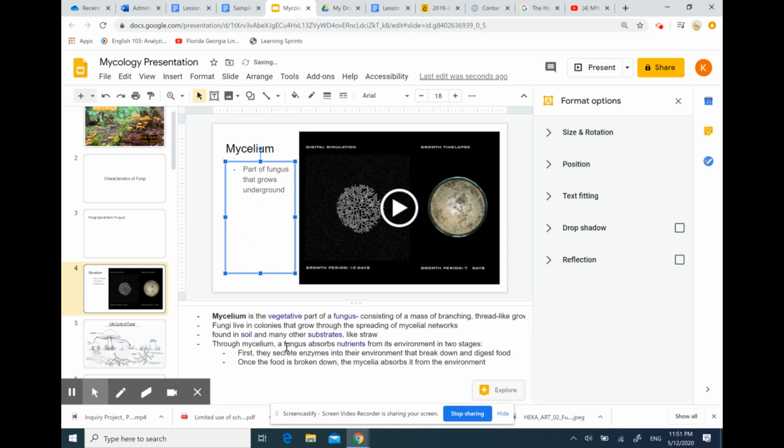And then maybe I would say, because an important part that they don't see in this video is that mycelium grows, but as it grows, it absorbs nutrients from the ground around it. And it does that by secreting enzymes into the ground and then absorbing the nutrients in the ground once it's broken down.